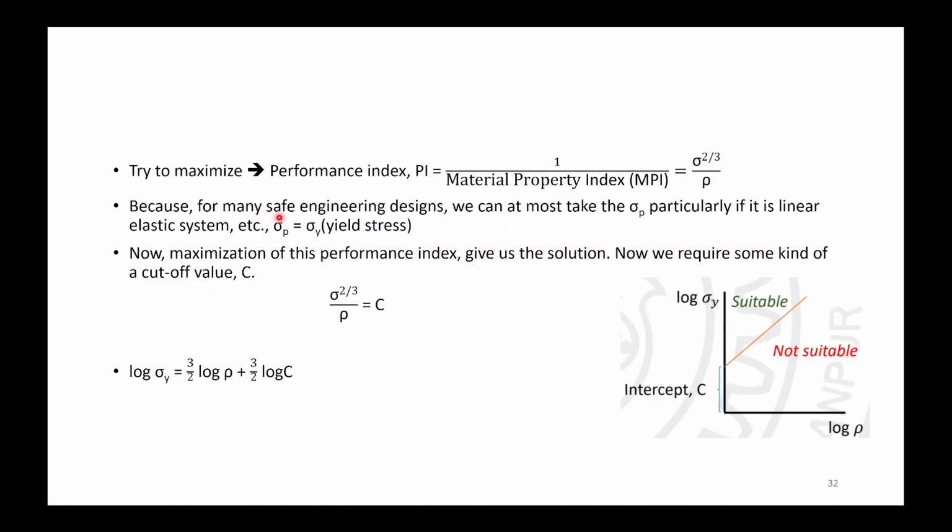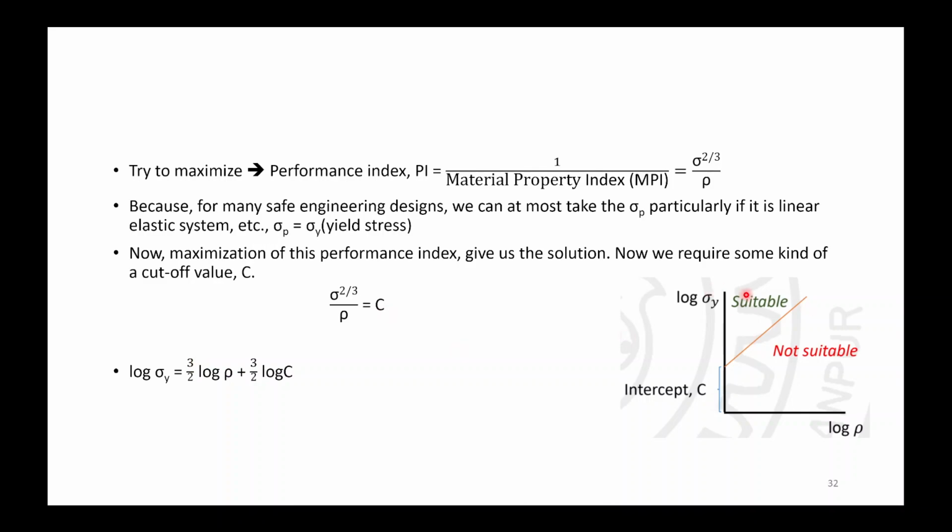Now for many safe engineering designs, we can at most take sigma, particularly if it is a linear elastic system, as the tensile strength equal to the yield stress. We try to maximize the performance index, and it gives a solution. We require some kind of cutoff value, so we keep it equal to a constant, take log on both sides, and draw it on the graph.